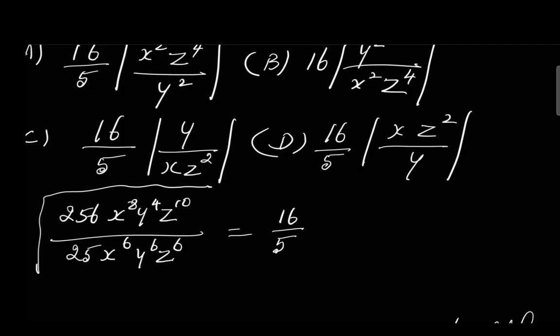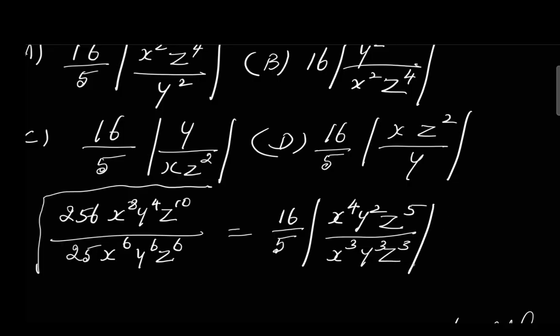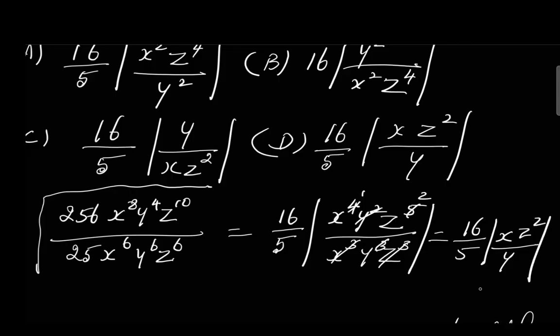Square root of 25 is 5. And take the half of this degree, x power 4 y squared z power 5. You have to take the half of this, x cube y cube z cube. You can cancel the common term 16 by 5. So here x will go off, you will get 1. Then y squared fully cancels here, in the denominator you are getting y, z cube, so z squared. So x z square by y, option D.